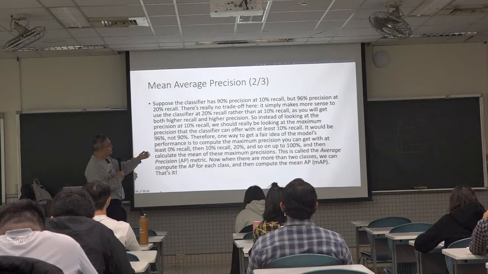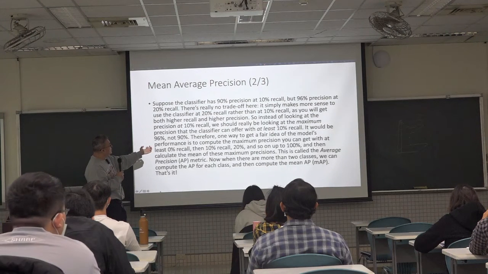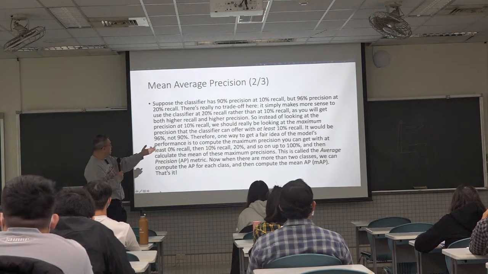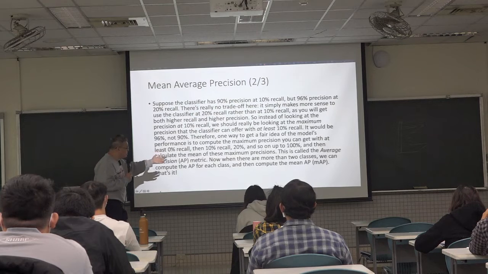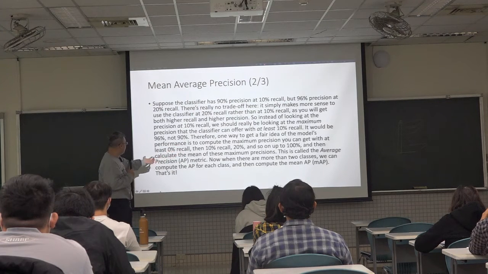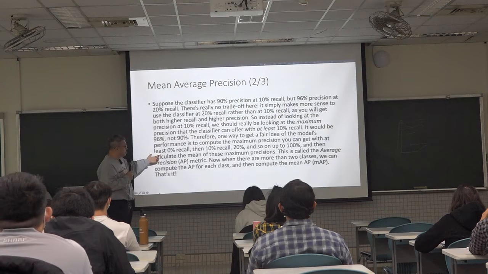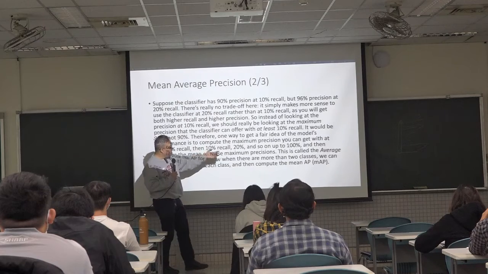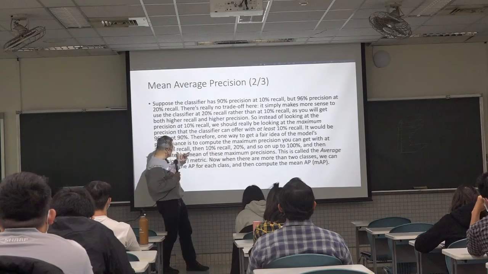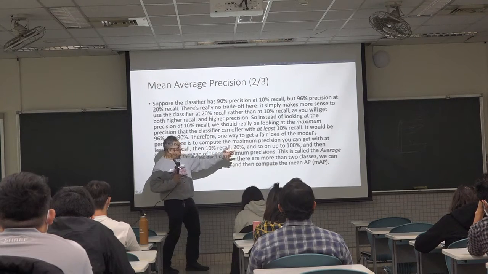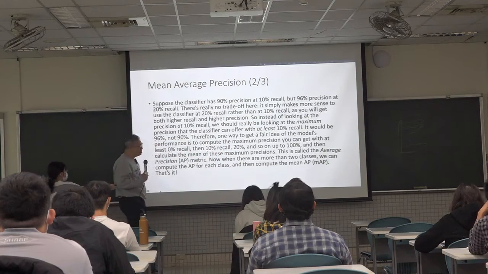It would be 96%, not 90%. So one way to get a fair idea of the model performance is to compute the maximum precision you get with at least 0% recall, then at least 10% recall, at least 20% recall, and so on, up to 100% recall.